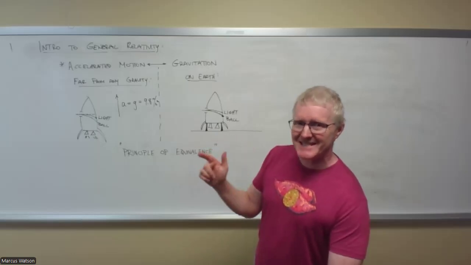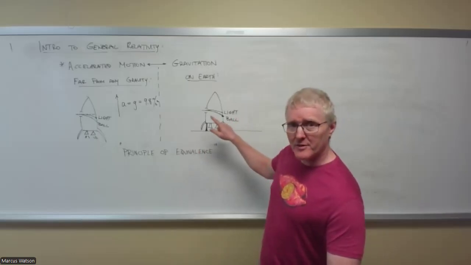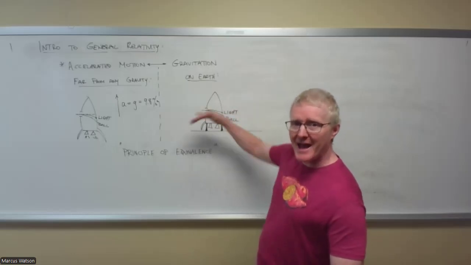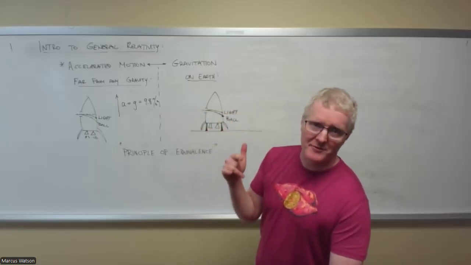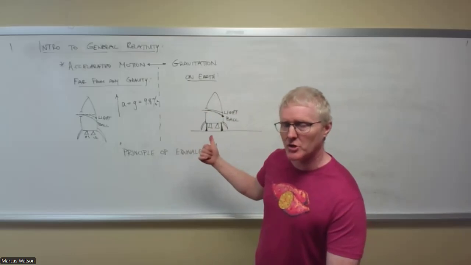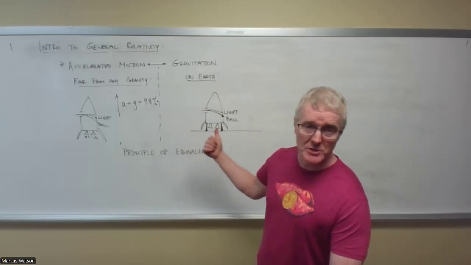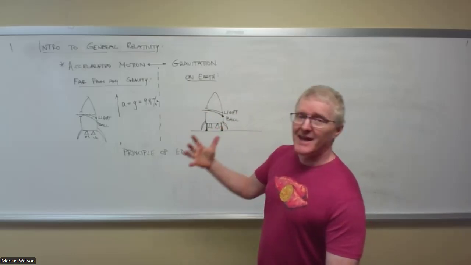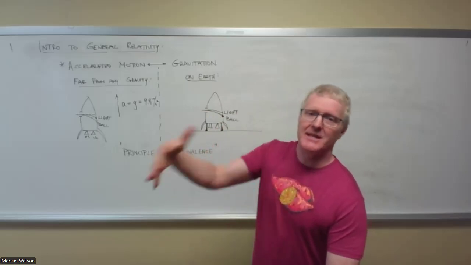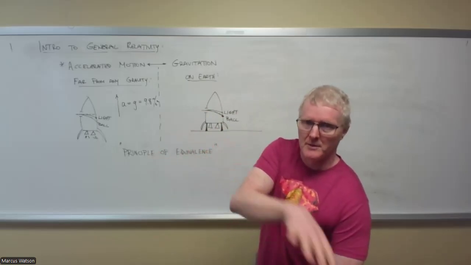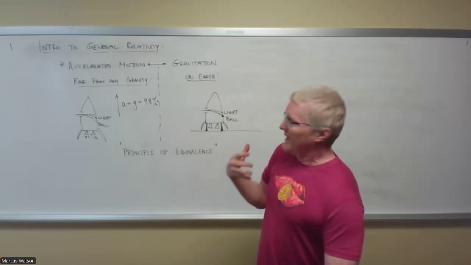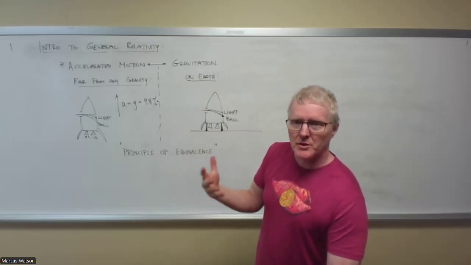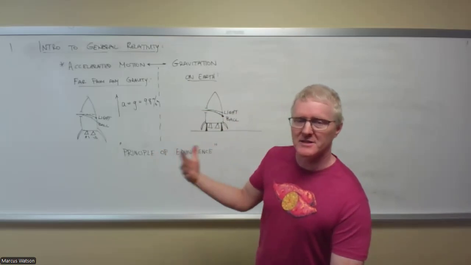Therefore, the shortest distance here on Earth must be a curved path. So, in fact, it's not light that's taking a curved path here. Light's going straight. It's that the space that it travels in is curved. Okay? And this is giving rise to the weirdness of the ideas of GR.